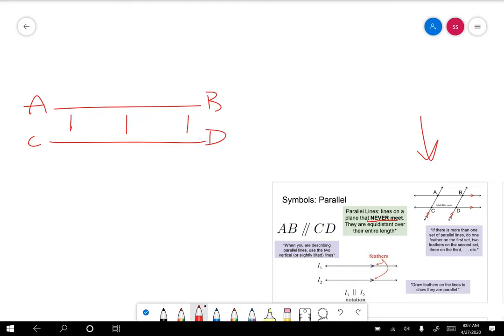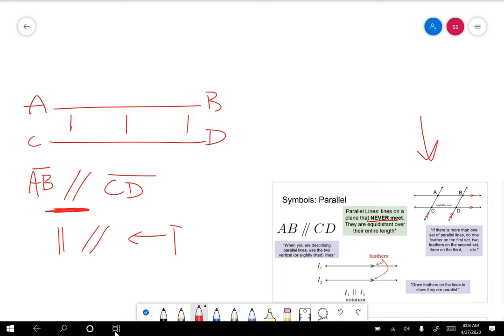So when we're describing parallel lines, let's say we know that AB and CD are parallel, and we're asked to write that out, we would say line AB is parallel to line CD. So this symbol right here, the two lines. Now sometimes you'll see it straight up and down or slanted, but that symbol means parallel.